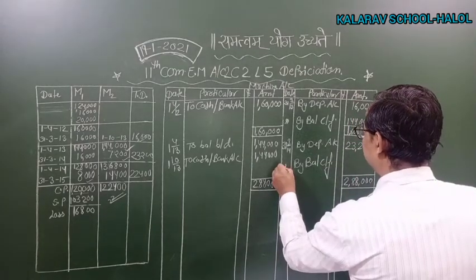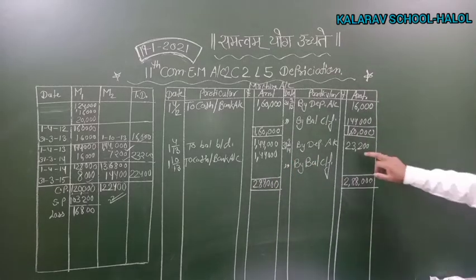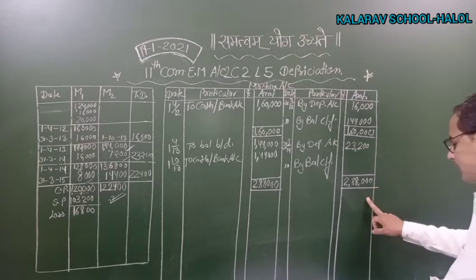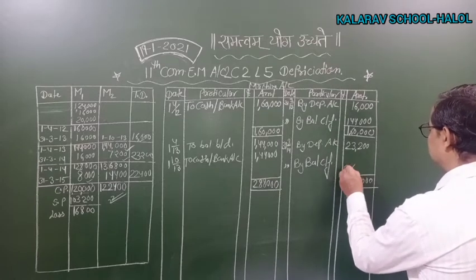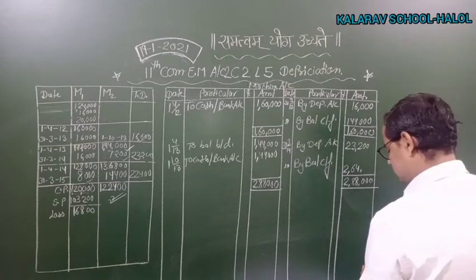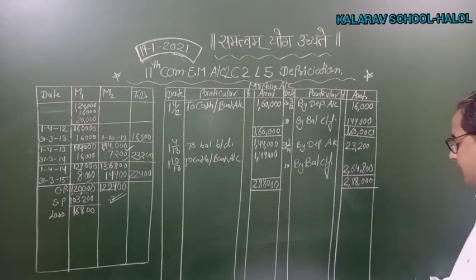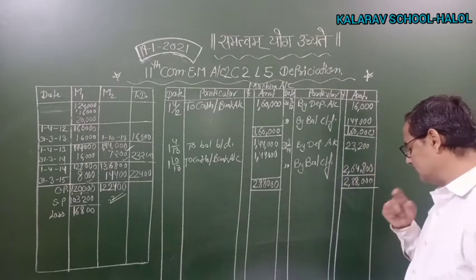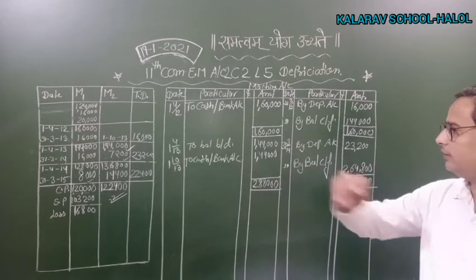Okay. So how much now it will be? If you will deduct this 23,200 from 2,88,000, then you will get 2,64,800. This much you will get, 2,64,800. Now this much you have to carry here.